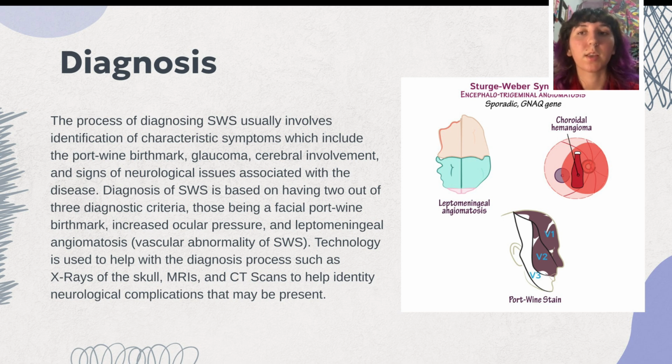Diagnosis of SWS is based on having 2 out of 3 diagnostic criteria, those being a facial port wine birthmark, increased ocular pressure, and leptomeningeal angiomatosis, which is a vascular abnormality associated with Sturge-Weber syndrome. Technology is used to help with the diagnosis process, such as the use of X-rays of the skull, MRIs, and CT scans to help identify neurological complications that may be present.